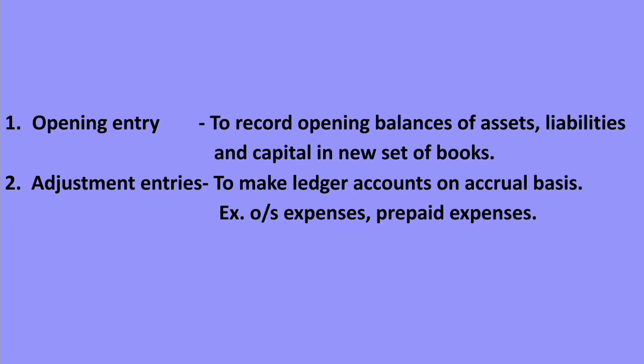But at the end of every accounting period, there may be some expenses as outstanding and prepaid or incomes as unearned and accrued. Then we have to write some entries for such items. Such entries are called the adjustment entries and such adjustment entries we can write in the journal proper.